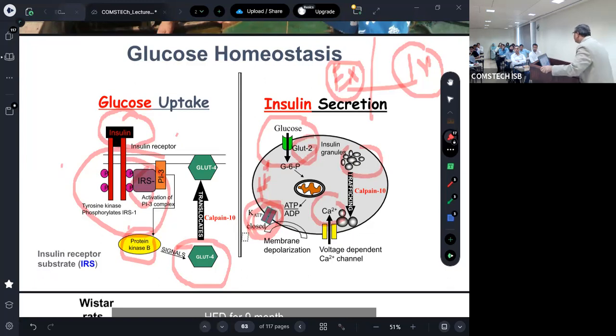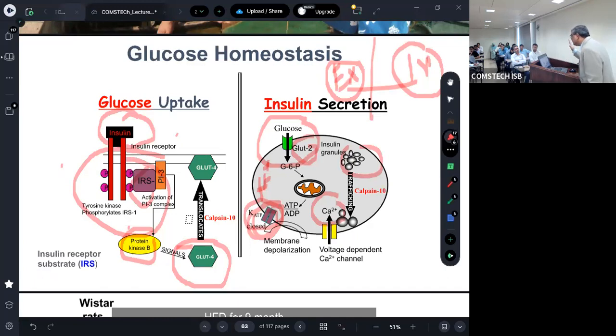adipocytes. Insulin has to bind somewhere to be active and effective. If it cannot bind to the insulin receptor, it is useless.